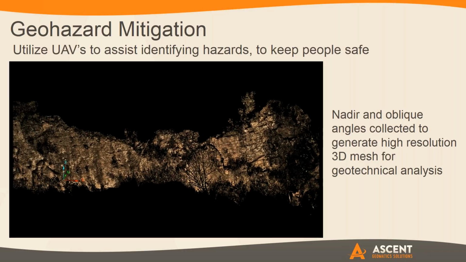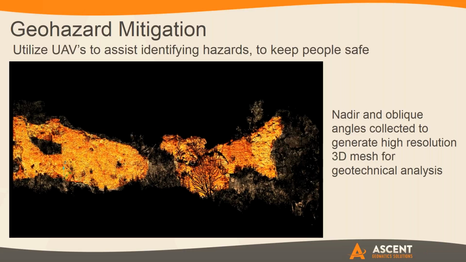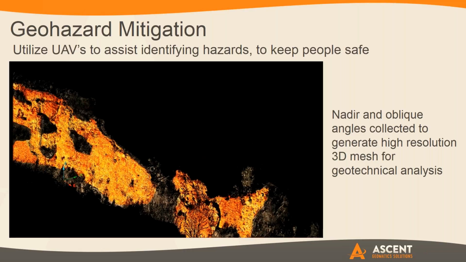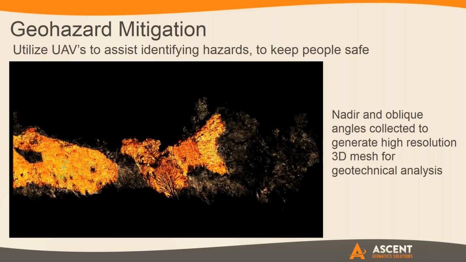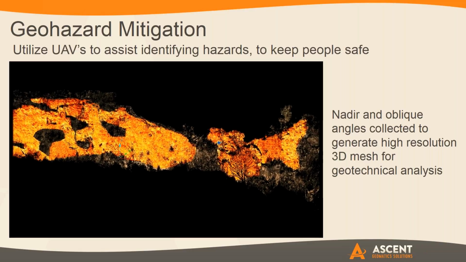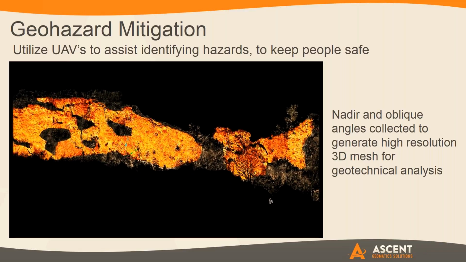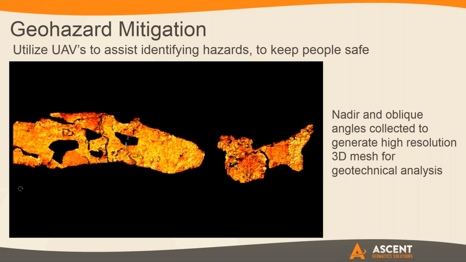They needed to figure out what to scrape off and where to put bolts in to help prevent any rock slide along the highway zone. With either photogrammetry or LiDAR, we can get enough detail to create discrete fracture networks. You can identify your dip and strike and everything you need for a geotechnical analysis to figure out where your actual failure zones are, to better plan out your bolt patterns.